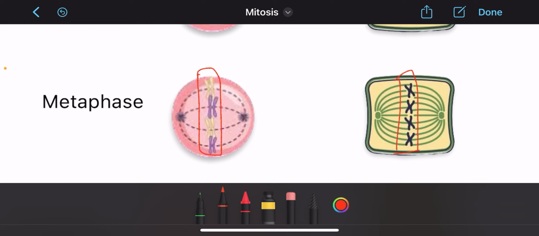Like in the case of the plant cell, you are seeing the chromosomes being aligned in the equatorial plane, and in the case of the animal cell also, the chromosomes are aligned in the equatorial plane. The centromere attaches to the spindle fibers. And at this stage only, we can easily study the structure of the chromosome.